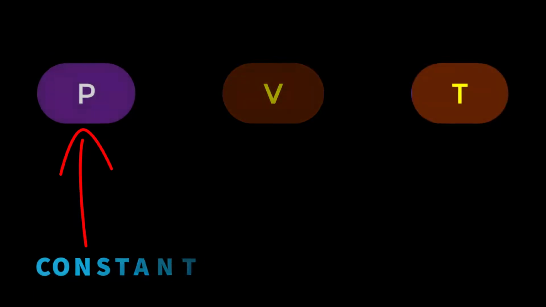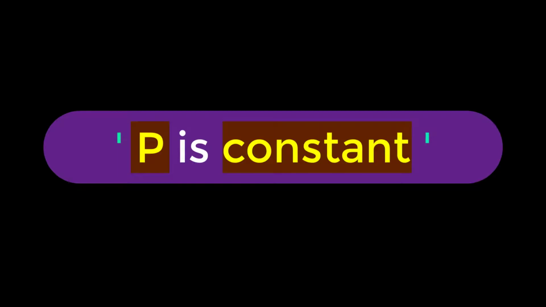Therefore, if we get the word P is constant in any question, then we will apply Charles's formula. That is V1 over T1 equals V2 over T2. If you watch my tutorial on Charles's law, it will be very helpful for you to understand clearly.